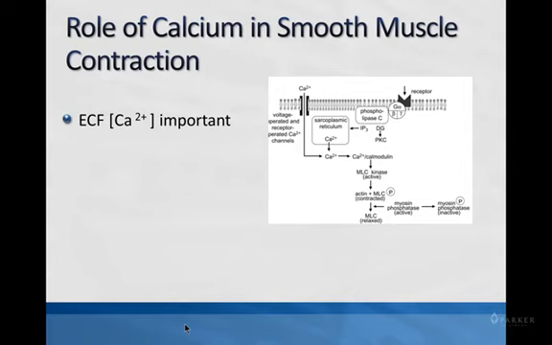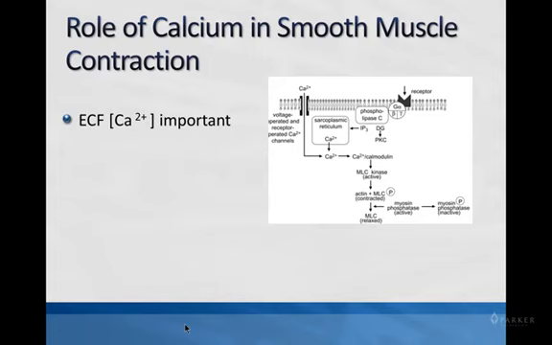The action potentials in GI smooth muscle are due to the opening of slow calcium-sodium type channels. But calcium also plays a role in the actual contraction of the muscle, not the stimulation of it, but the ultimate contraction of it.